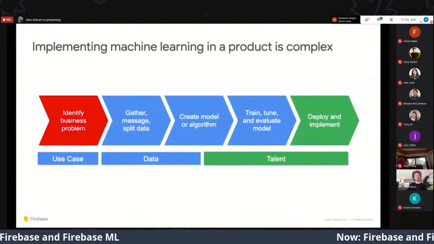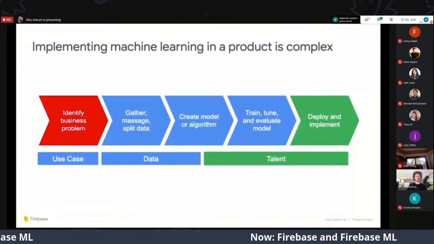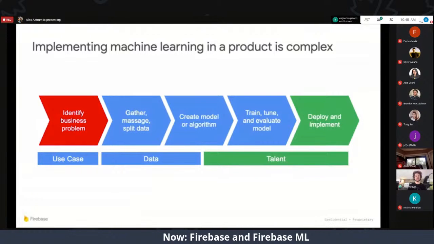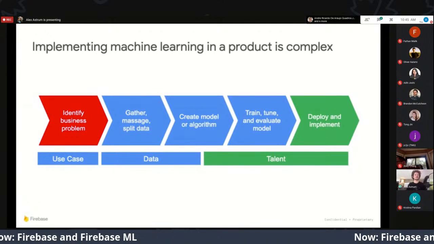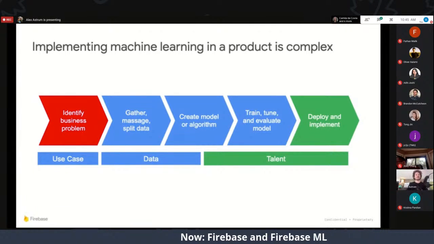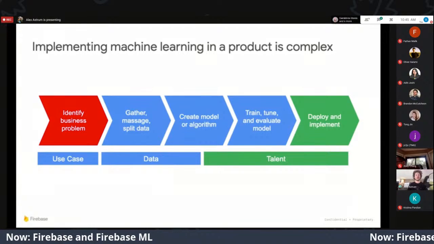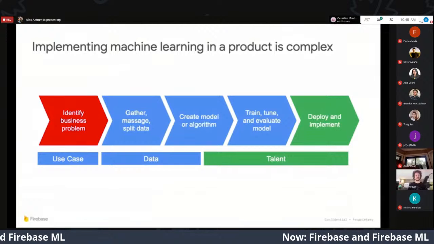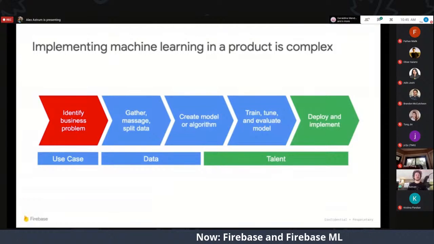Okay, now training, tuning, evaluating the model, that's where Google Cloud and Firebase actually shine. They try to automate as much as possible around this step, so that you don't have to spend additional resources doing this work yourself. Sometimes you'll still have to do a bunch of it yourself, particularly if you're doing research.